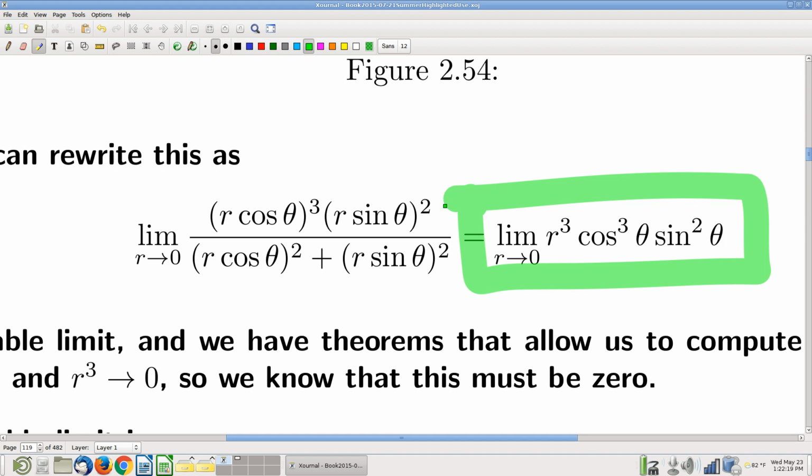Or I could be approaching along this curve, in which case theta is a different value. Or much worse, I could be approaching the origin along a spiral, in which case theta is not even constant. Theta is varying. Theta is approaching infinity, or, oh my gosh, I have no idea or control over what theta is doing.